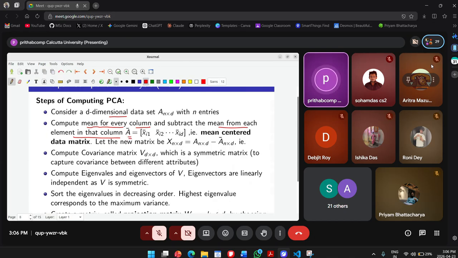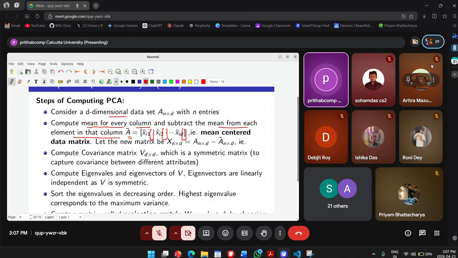So we get a new matrix which is mean centered, which I am denoting like this: xi1, xi2, xid, all with bars. Each of them is a column which is mean centered. Now let this new matrix be X, n cross d, which is nothing but the original matrix minus the mean.